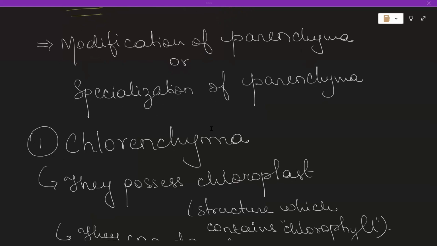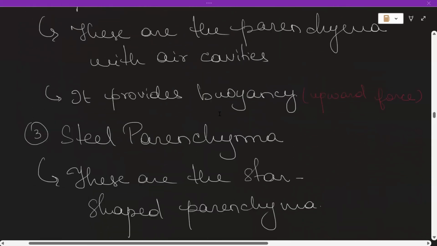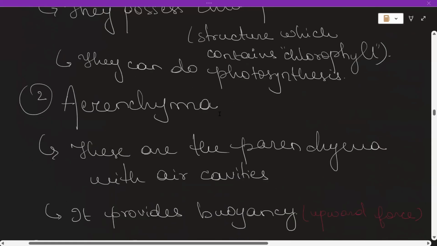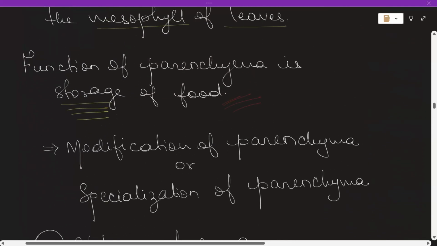That comes under the modification or specialization of parenchyma. For example, if the parenchyma contains chloroplast, it becomes chlorenchyma. Then there is aerenchyma. All of these I will discuss in more depth in the next class.